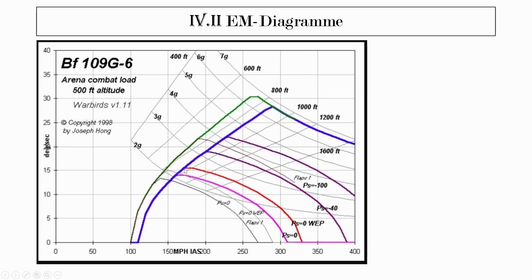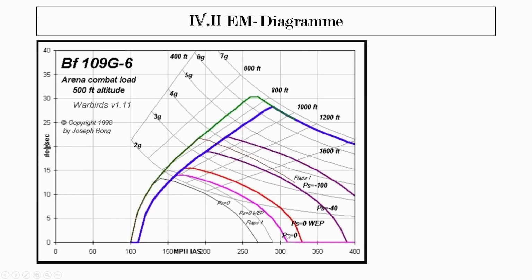Excess power is 0. One for with war emergency power enabled, one without. So similar situation, DCS would be, this would be using MW50, this would be using no MW50, for example, in the BF109, or water injection in the 51 or the P47.